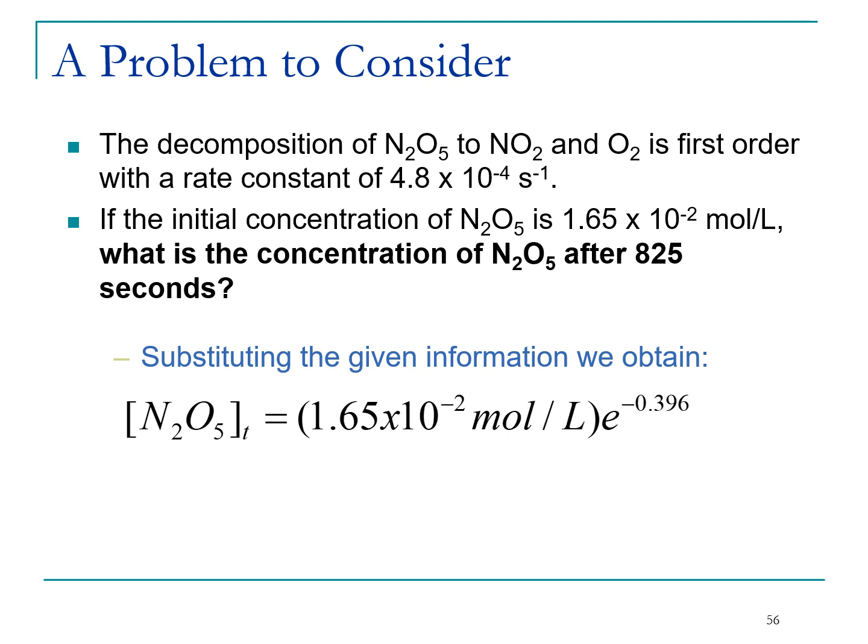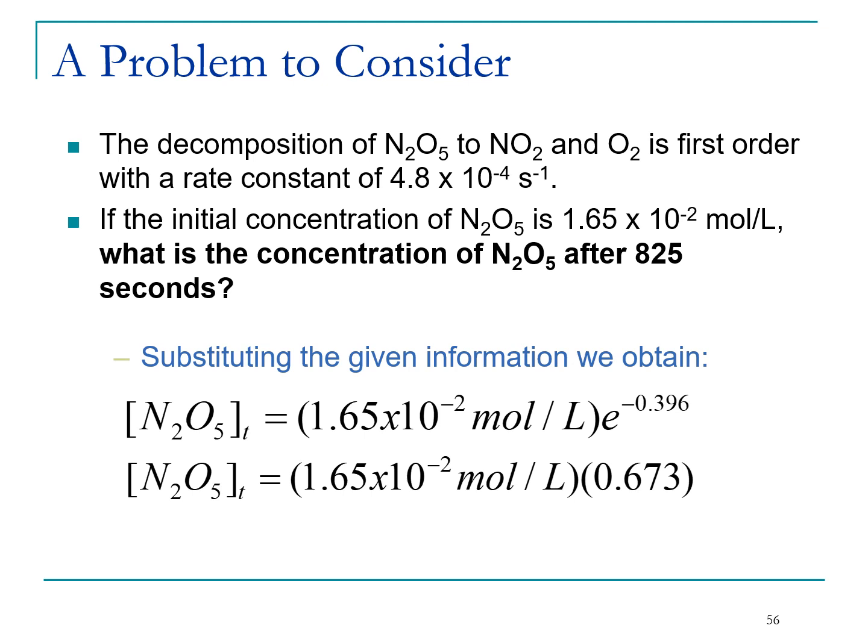So E raised to the negative 0.396, because 4.8 times 10 to the minus 4th times 825 is negative 0.396. If we take E raised to that, you get 0.673. And then if you multiply 0.673 times 1.65 times 10 to the minus 2, you get 0.0111 molar.